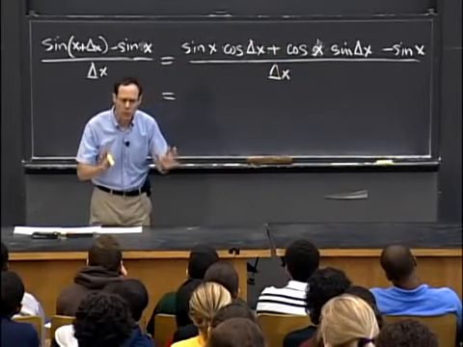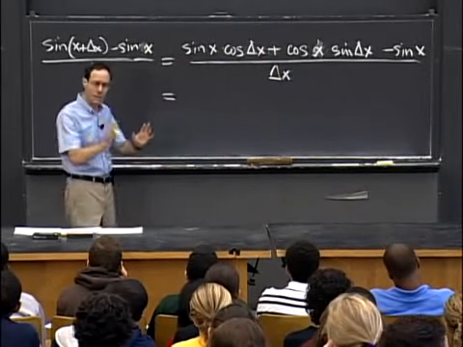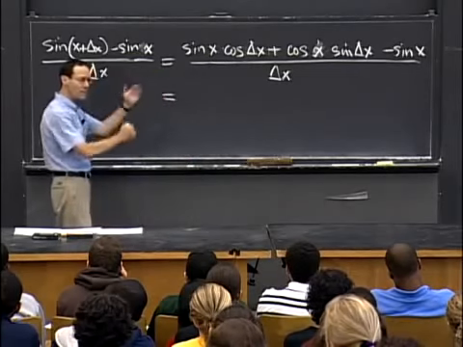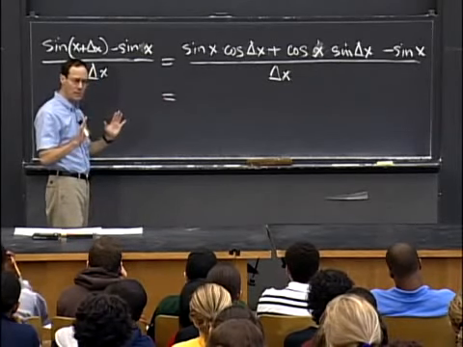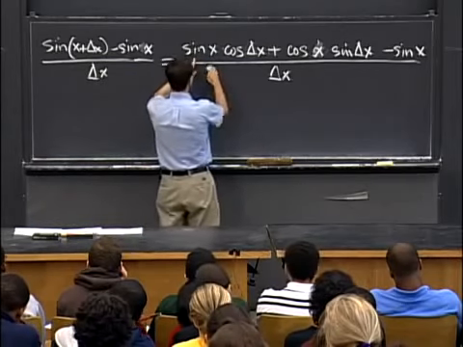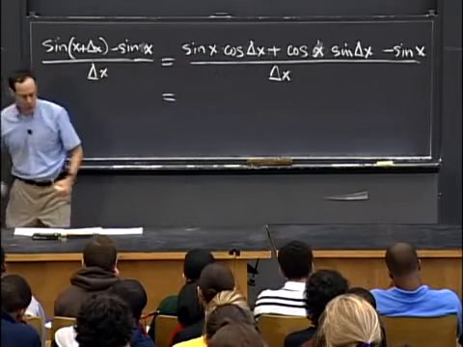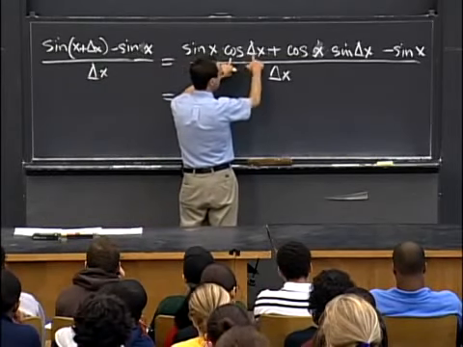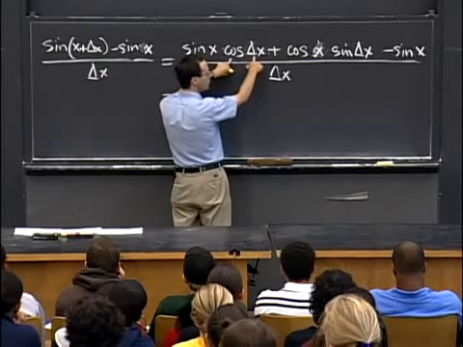We must group the terms so that a 0 stays over a 0. Otherwise, we're going to have no hope. If we get some 1 over 0 term, we'll get something meaningless in the limit. So I claim that the right thing to do here is to notice, and I'll just point out this one thing, is that when delta x goes to 0, this cosine of 0 is 1.